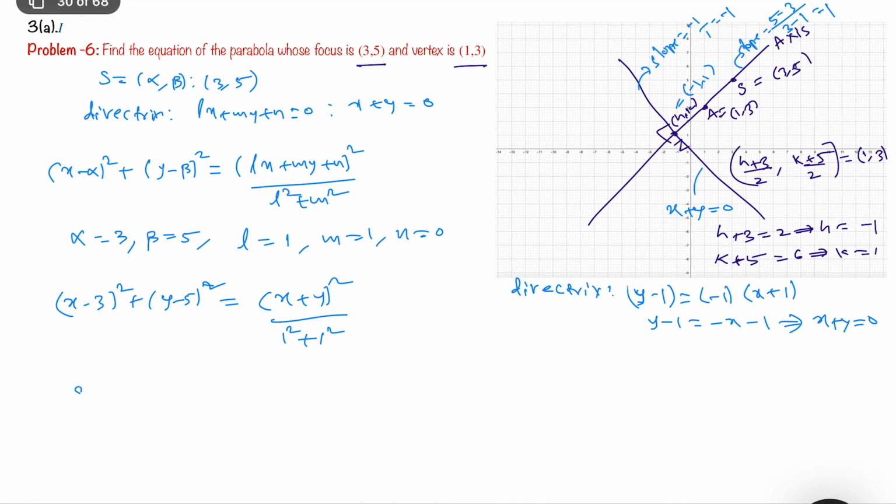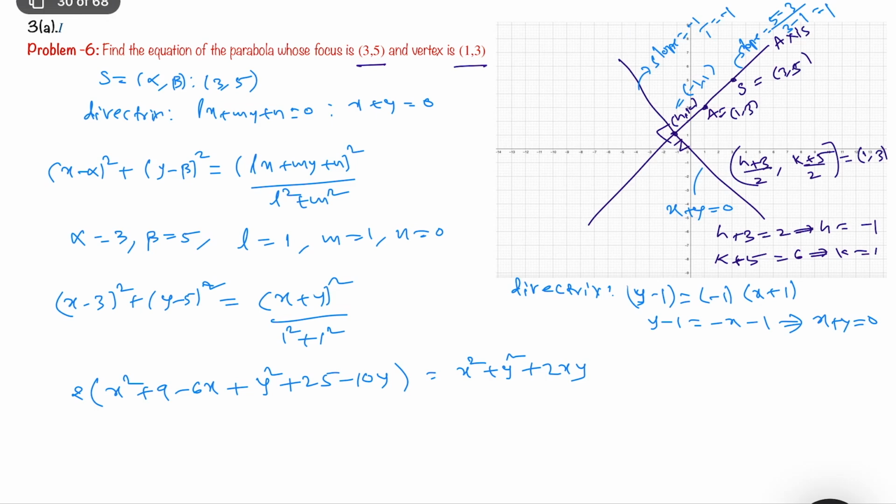So if I cross multiply, I will have 2 times (x square plus 9 minus 6x plus y square plus 25 minus 10y) equal to x square plus y square plus 2xy.